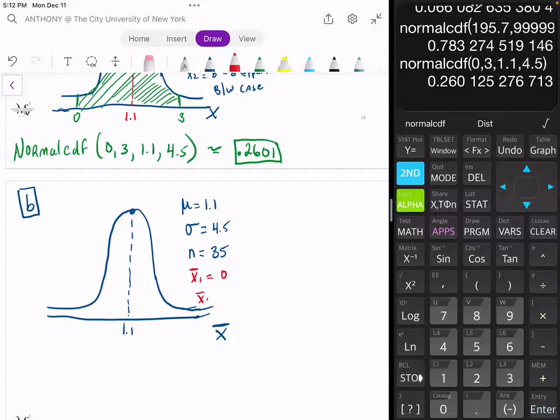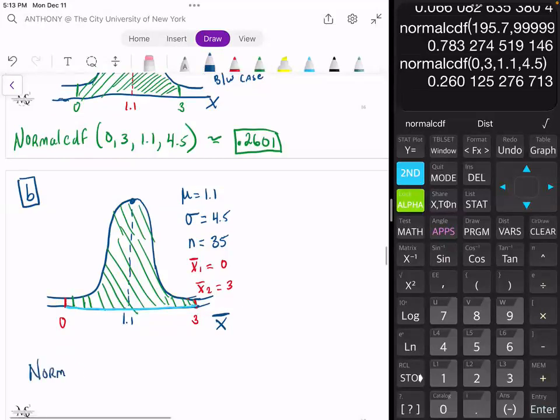X bar 2 is equal to 3. So I'm shading in this piece, and we're looking at it again from 0 to 3.